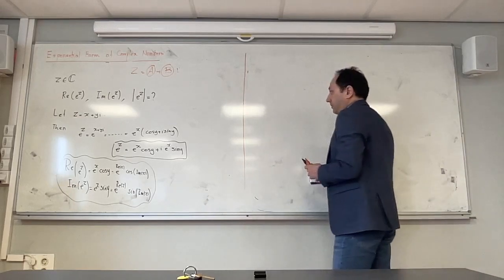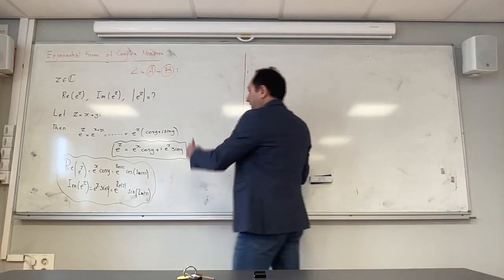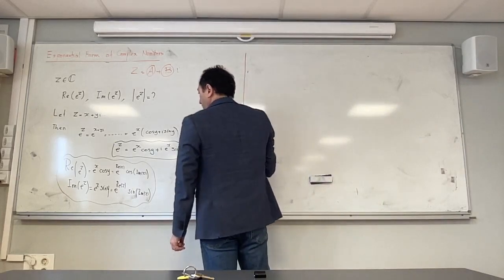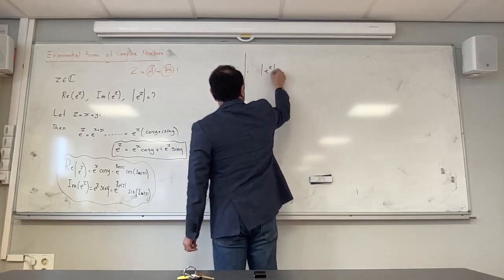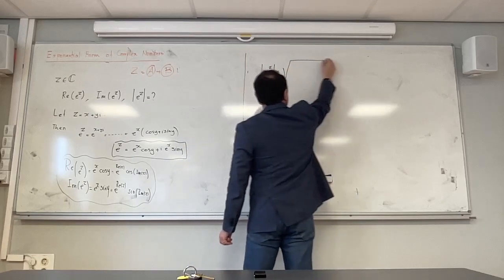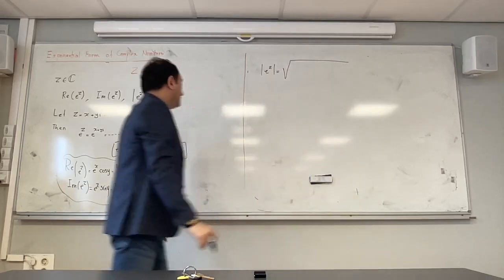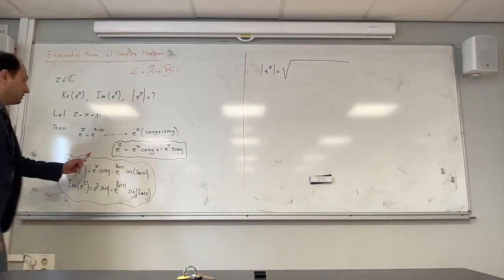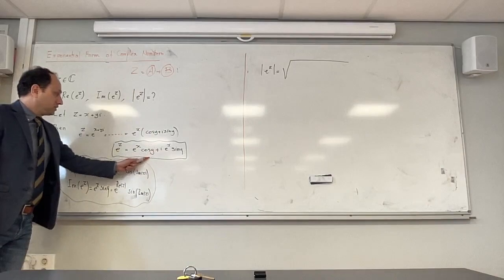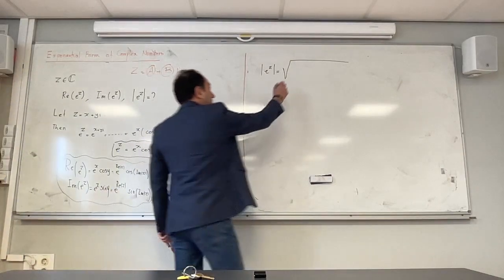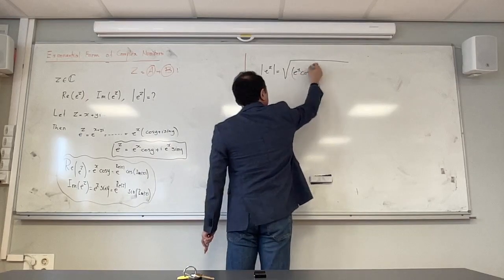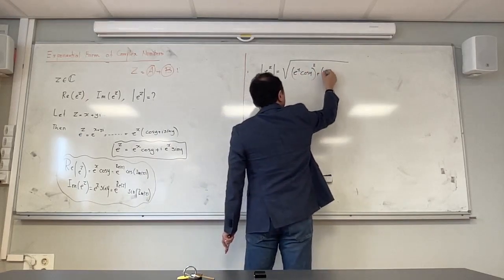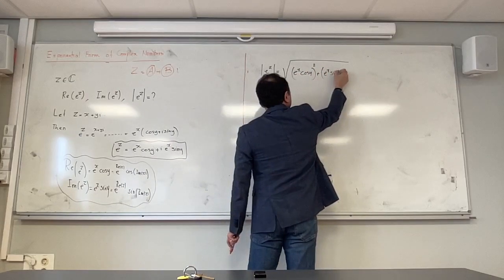Yes? So what happens? What do I have? The absolute value of e to power z is the square root of the real part squared, which is this part squared, plus the imaginary part squared.